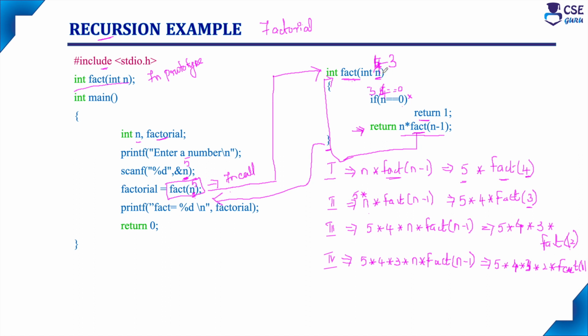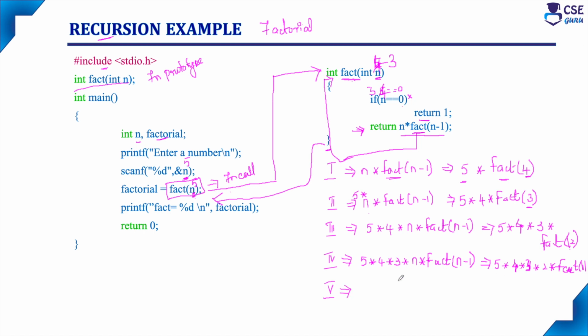With n value 1, it will execute the user-defined function one more time. It checks whether 1 is equal to 0; the condition fails, and it executes the return statement again. This is considered the fifth recursion.